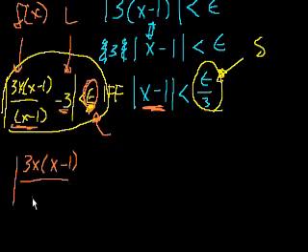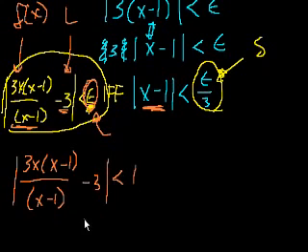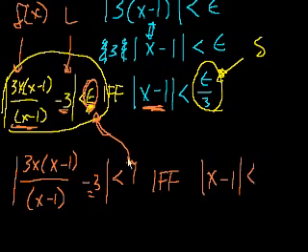You're saying you need to prove to me that there's some value of delta such that as long as we're no more than delta away from 1, then the function itself will be no more than 1 away from the limit value. And I say, well, you gave me an epsilon equal to 1, so we just proved, if and only if the absolute value of x minus 1 is less than whatever number you gave me divided by 3.